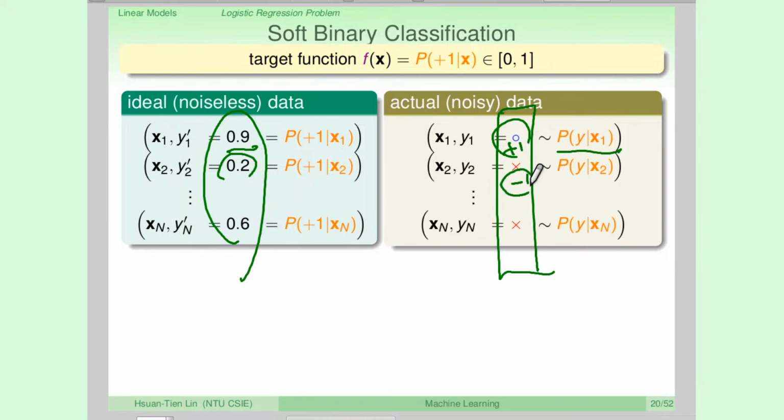But it is also possible that there's a probability 0.6 of getting a positive 1 while we get a negative 1. That's possible. That's just flipping a coin. So anything is possible as long as there's probability. That's why we call this dataset noisy. It not only deviates from the soft values, it's discrete values rather than continuous ones. So there's deviation.